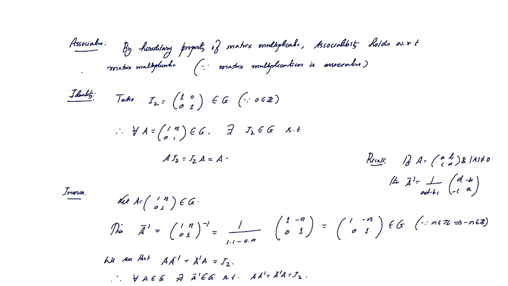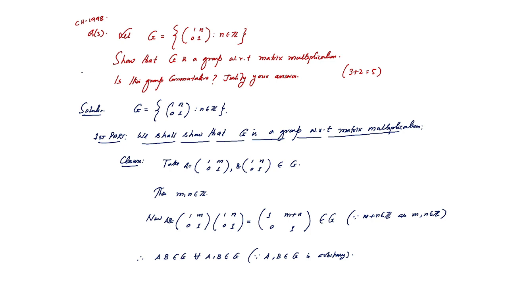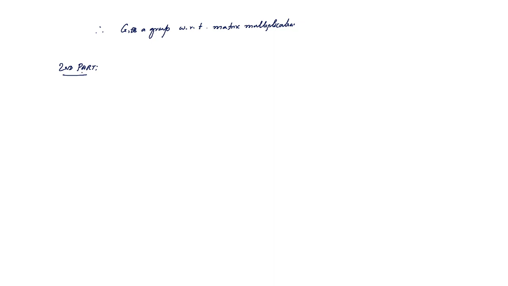Okay. Now we come to the next part, the second part of the question paper. What is asked here? It has been asked whether it is commutative or not. So we'll check. We'll take any two elements. Let A = [1, n; 0, 1] and B = [1, m; 0, 1]. Both belong to G, so n and m are both integers.